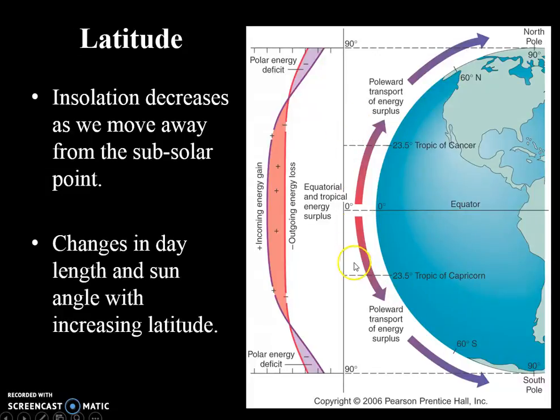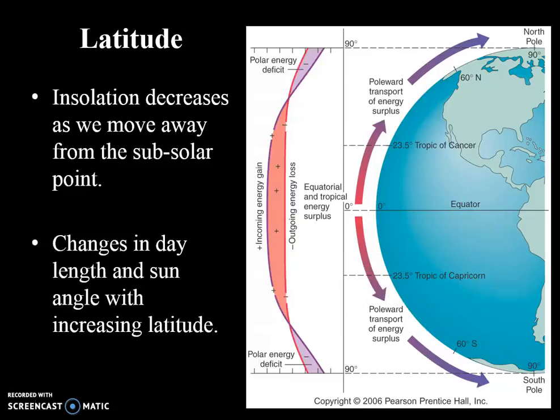But there is an energy deficit at higher latitudes, where it's not the same intensity. Above 23.5 degrees north to 90 degrees north we have a deficit, and from 23.5 degrees south to 90 degrees south we have this deficit.